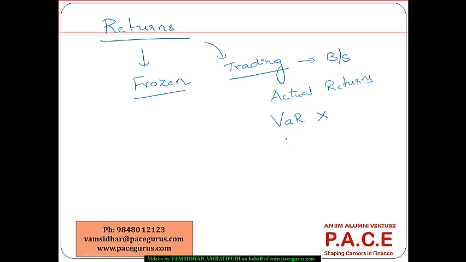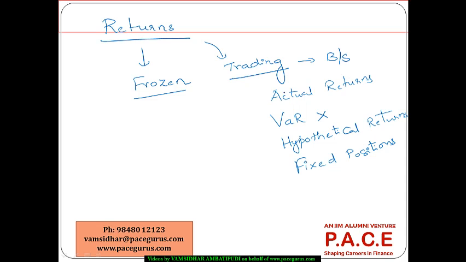I will go with the hypothetical returns only, where I am assuming the fixed positions of the portfolios.